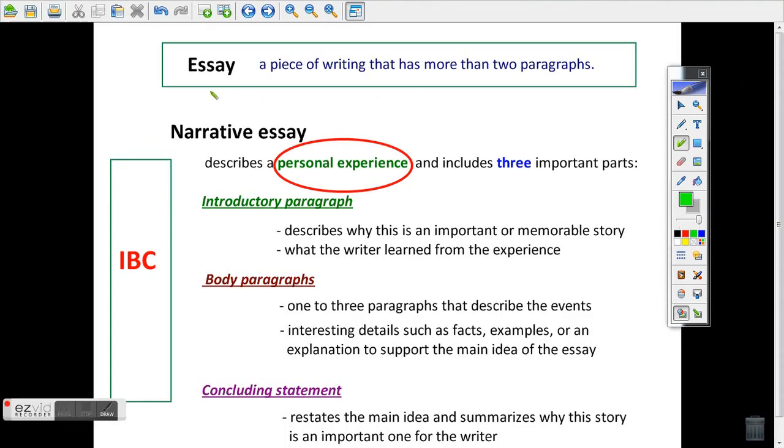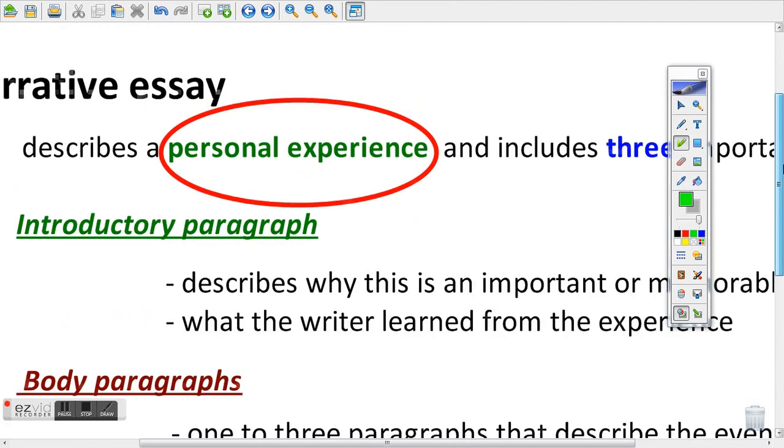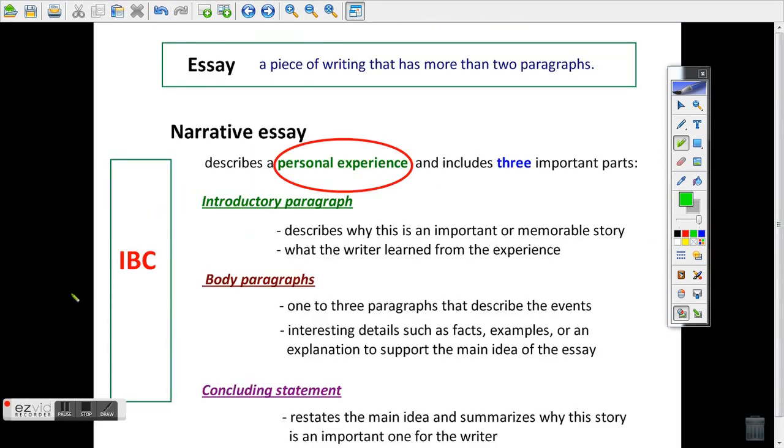Okay, again, an essay is a piece of writing that has more than 2 paragraphs. How about a narrative essay? It describes a personal experience and includes 3 important parts. So what are the 3 important parts? We still have the IBC technique, the IBC pattern.